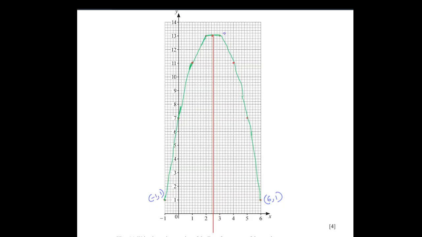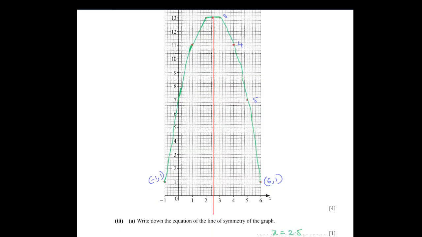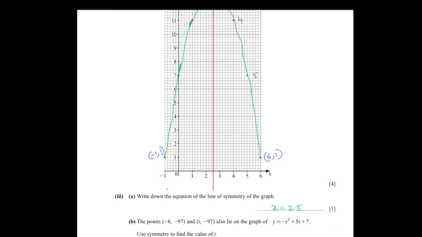Here the x coordinate is 3. Here the x coordinate is 4. Here the x coordinate is 5. Then the next is 6. So now next, -8 will be after -7. -1 -2 -3 -4 -5 -6 -7 and -8.